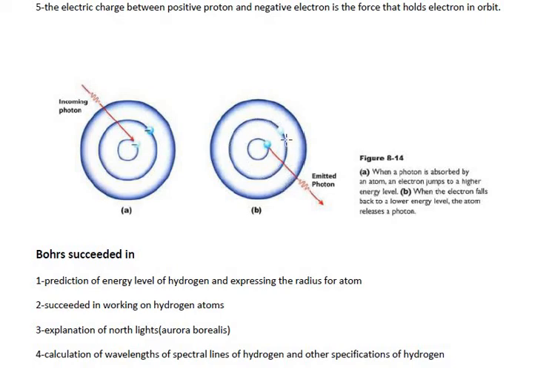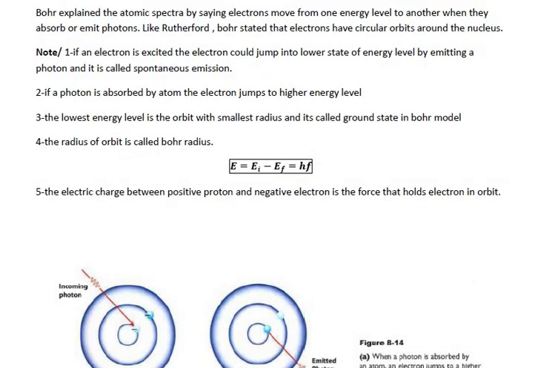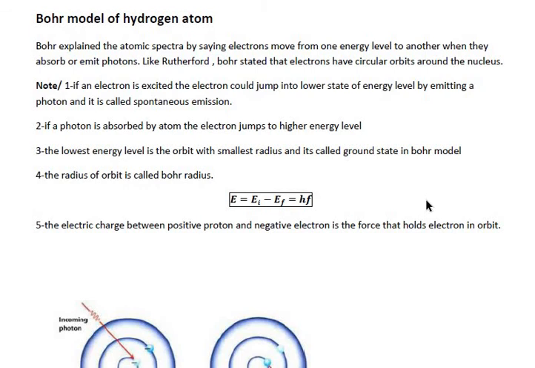So Bohr named the larger state the excited state, and the smallest state the Bohr radius, or ground state. So for the smallest energy state, we have 2 names: ground state or Bohr radius. But the other state we call the excited state. Those were the names that Bohr used in his model.